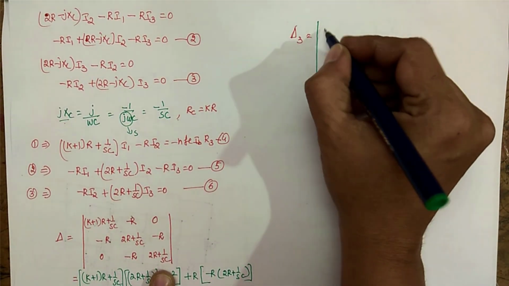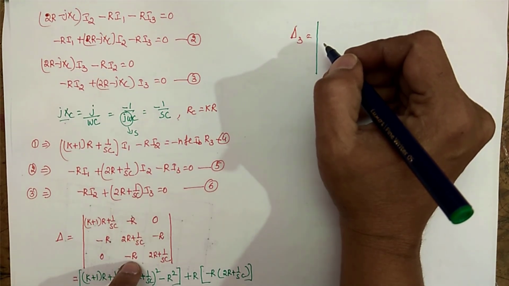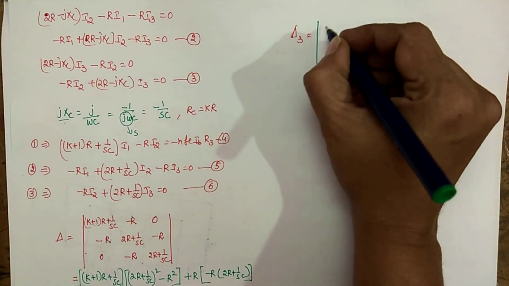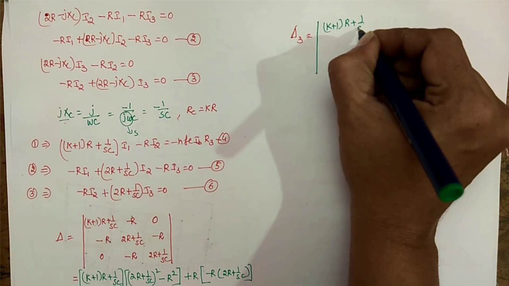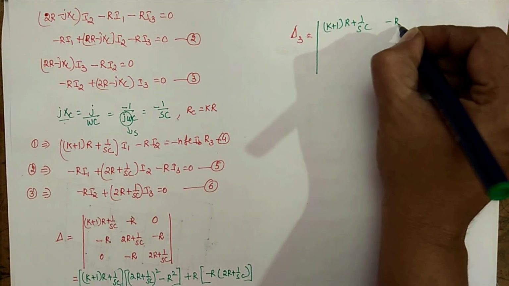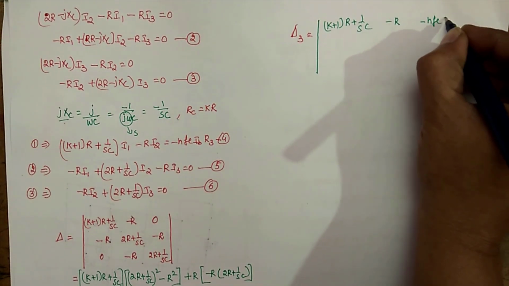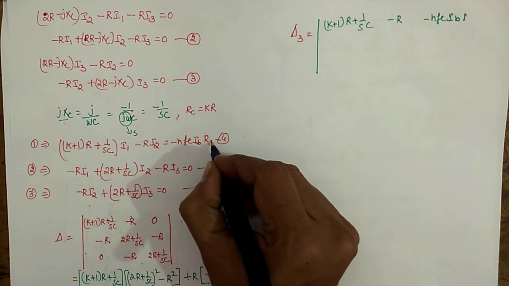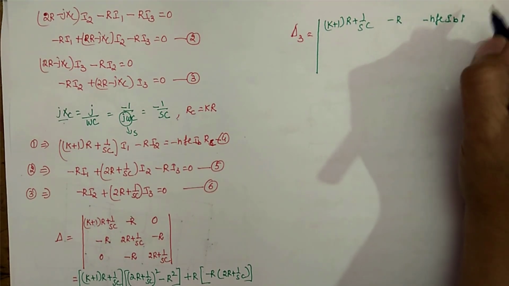Suppose if we want to find I2, then replace the second column with these values. So now it is K plus 1 into R plus 1 by SC minus R. So what is the value here? Minus HV IB. It is RC.